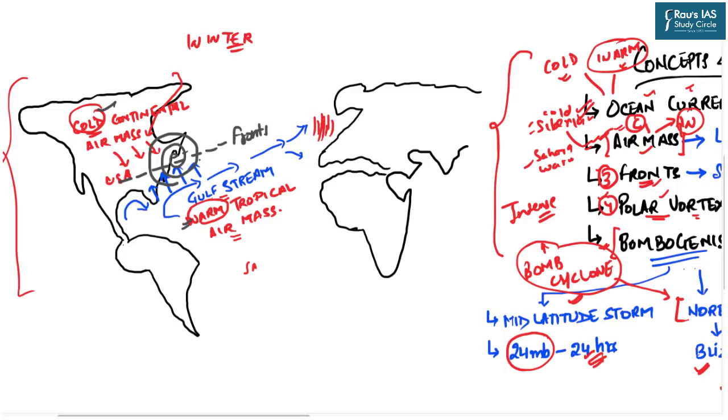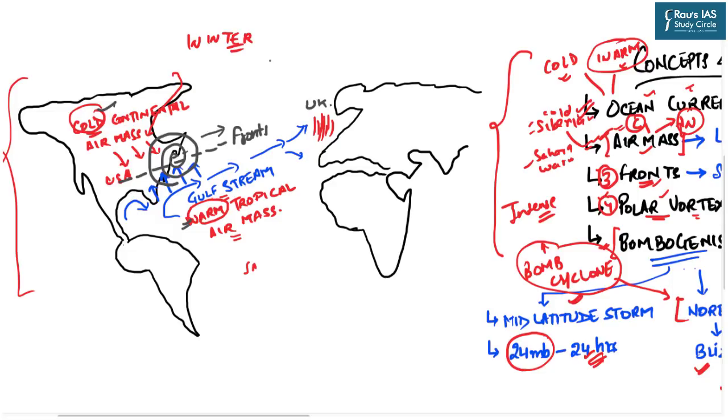Further, the Coriolis force also plays its role in rotating the wind column. Once these cyclones are formed, they move towards the west coast of Europe and the coastal waters of the UK. So, this is how bomb cyclones are formed on the eastern coast of the USA.